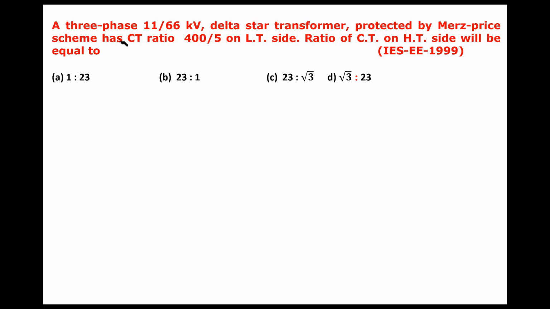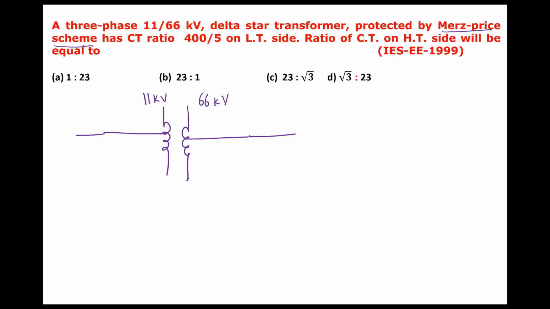So what he is telling is, there is a transformer. On the primary side, what is the voltage? 11 kV. Secondary 66 kV. It is protected by the Merz-Price scheme.